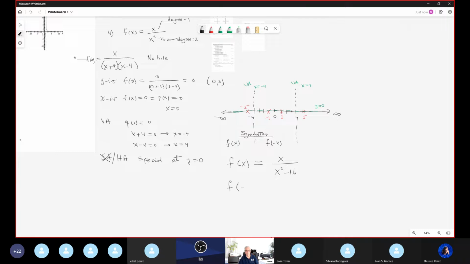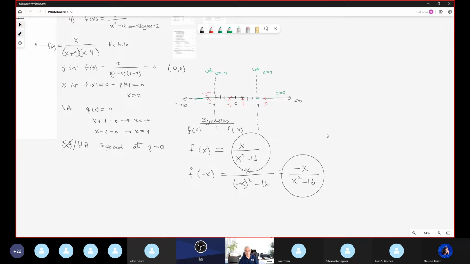When you do the reflection, you replace x with negative x. The top is minus x, but in the bottom, no change, because the exponent is even. It says x squared minus 16. When you compare this expression and the original, it's the same expression but with the opposite sign. If you want to see it more clearly, you write the negative in front.